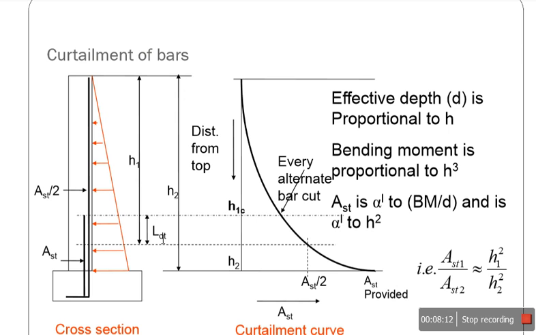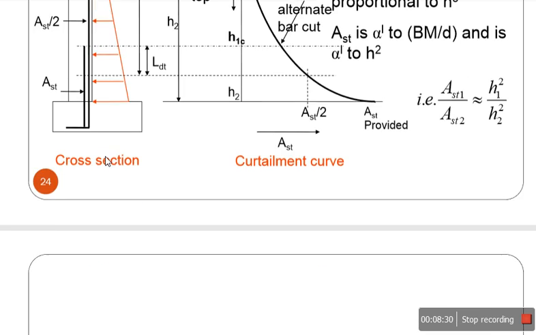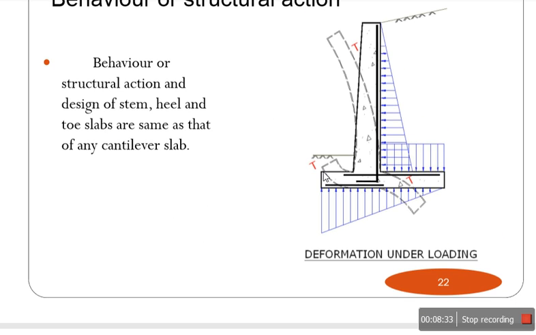We calculate the spacing. Curtailment of the bars applies when you go for huge heights: at a certain height we cut the steel, and after that we extend the remaining bars. Why we do this: when you see the pressure diagram here, it is triangular. So if you get an area of steel at the bottom, it doesn't mean you need to provide the same steel higher up, because the force there is very small.